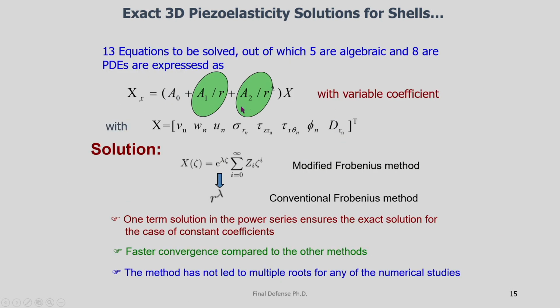And then you know that the governing equations can be expressed as differential equations with varying coefficients, and previously we had 6 variables, now we have 8 variables.